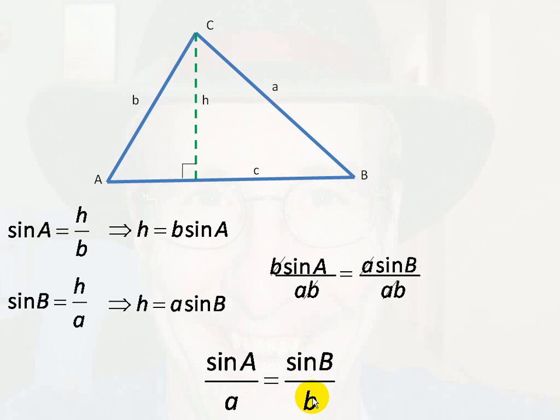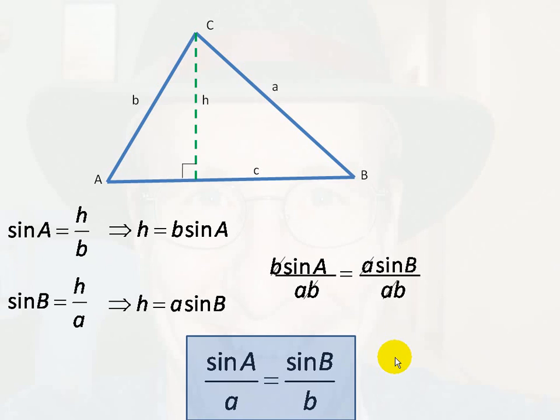Now, that being the case, you can see that if you know any three parts of this, you can find the other. For example, if you want to figure out what uppercase A is, and you know lowercase a, lowercase b, and uppercase B, you have just an equation in one variable that you can solve.